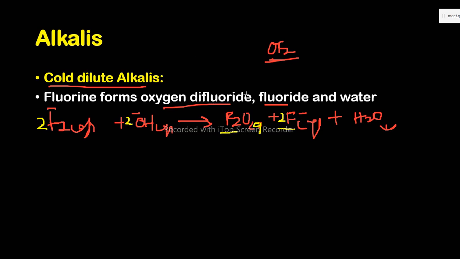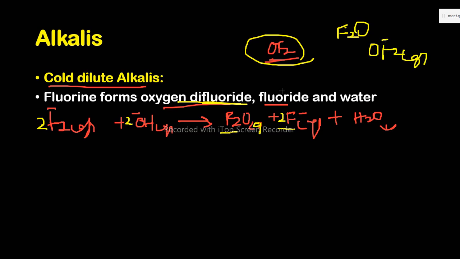So with cold dilute alkalis, we shall form an oxygen difluoride gas. You can write it in this format, F2O, or you can say OF2, and this is a gas. Then with a fluoride, maybe it is sodium fluoride or potassium fluoride, depending on which alkali you've used, plus the water.